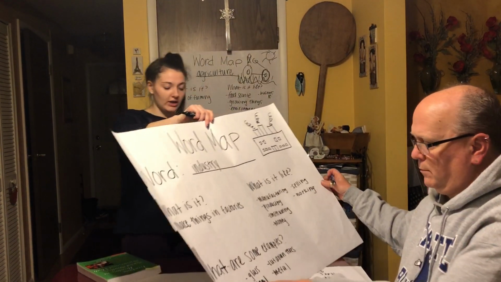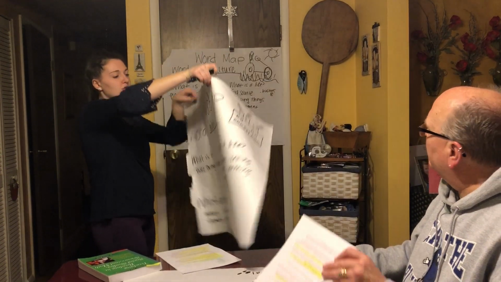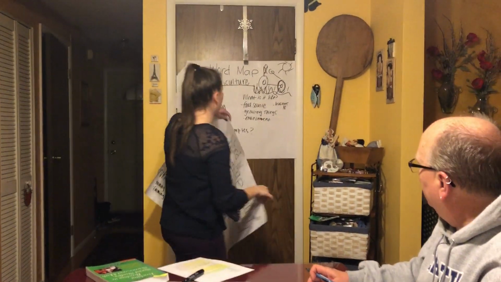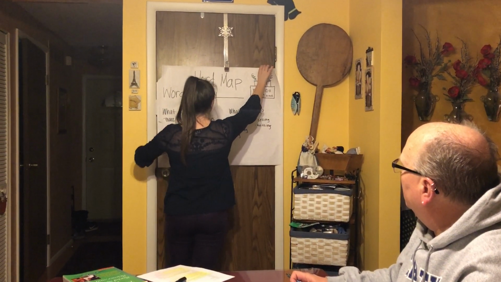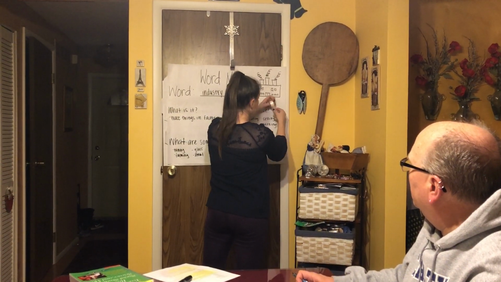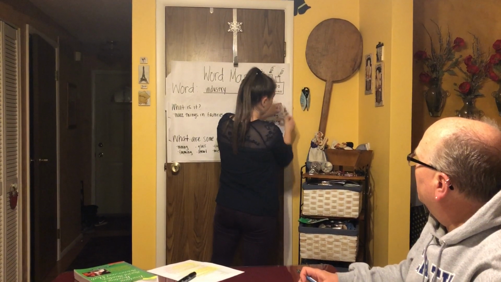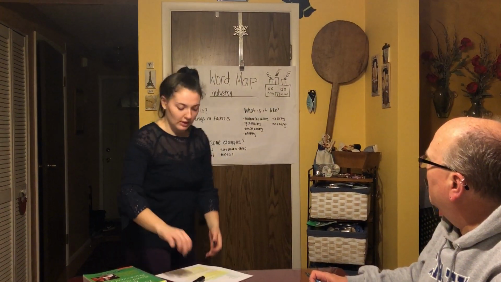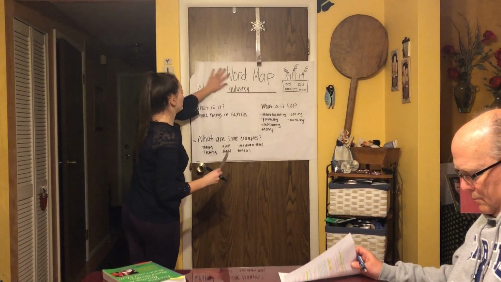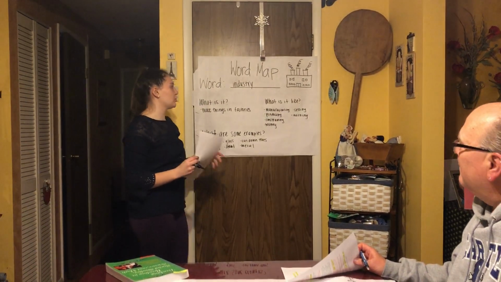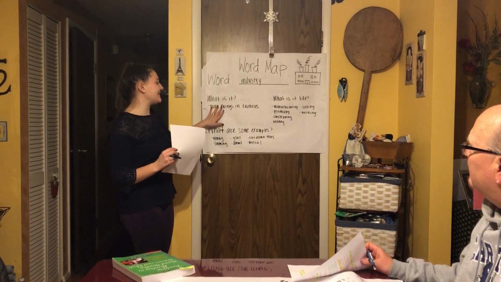We will go over each one. So our first word, well, our second word actually, is industry. So let's go over and let's share. So our first word is industry. So what is industry?